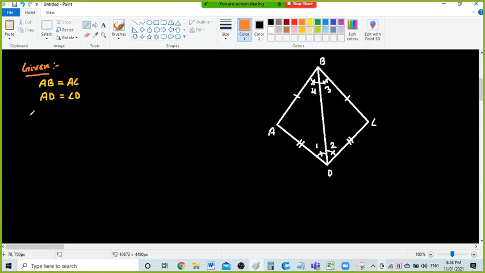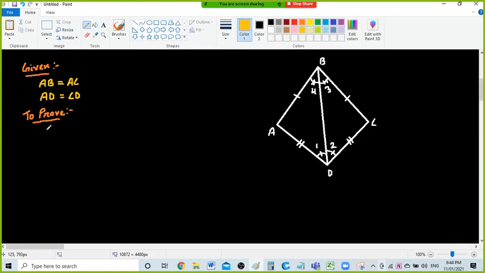Now, the next statement that you have to write is to prove. Remember that you will be writing all these statements during your assignments also.